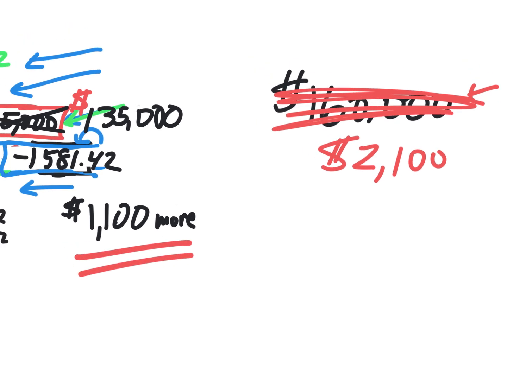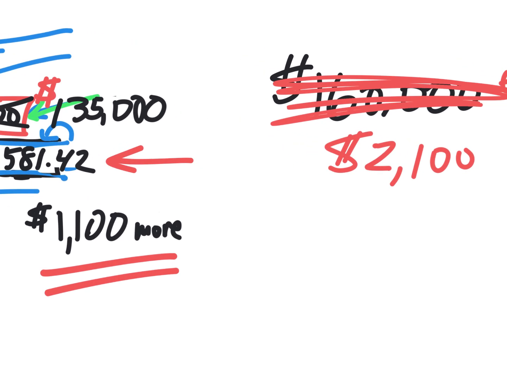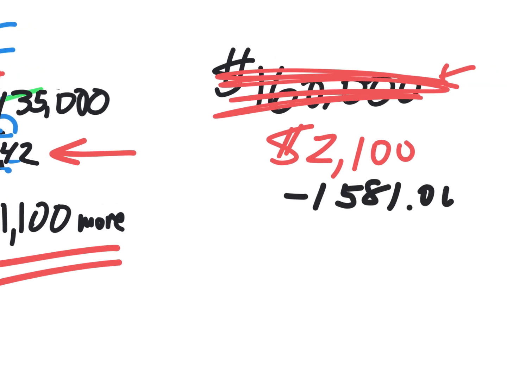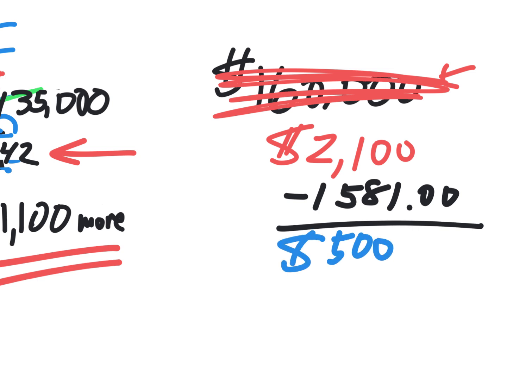Well, actually, the payment was $1,500. You've already borrowed $1,581, and you're going to have that for the next 10 years. So you don't have much left. You can only borrow about $500 a month. So they'll only let you borrow $500 a month because your student loan payments are so big.